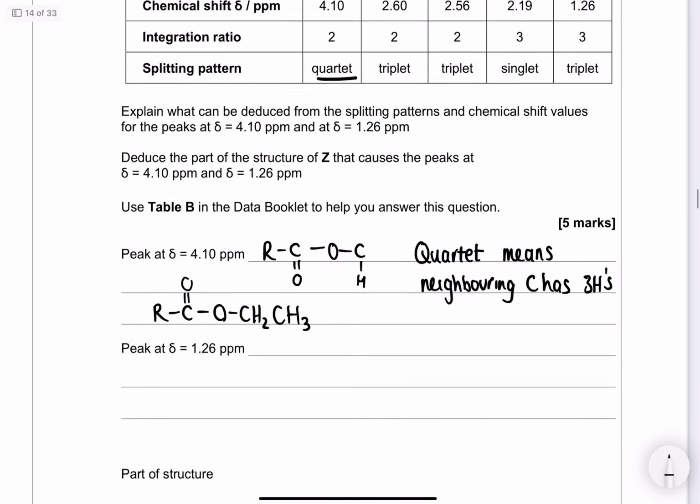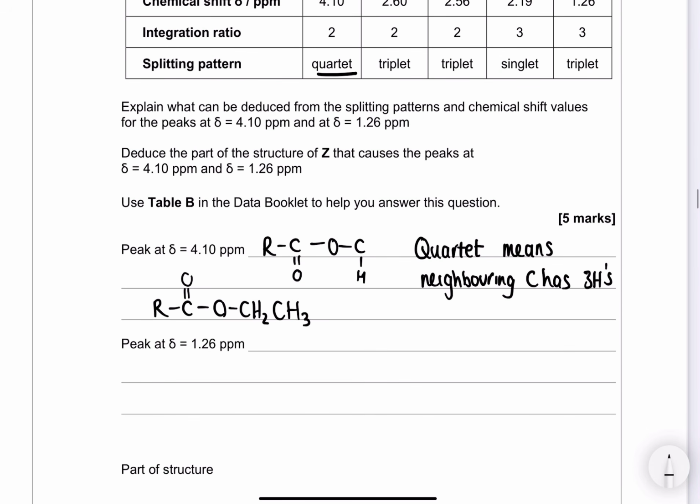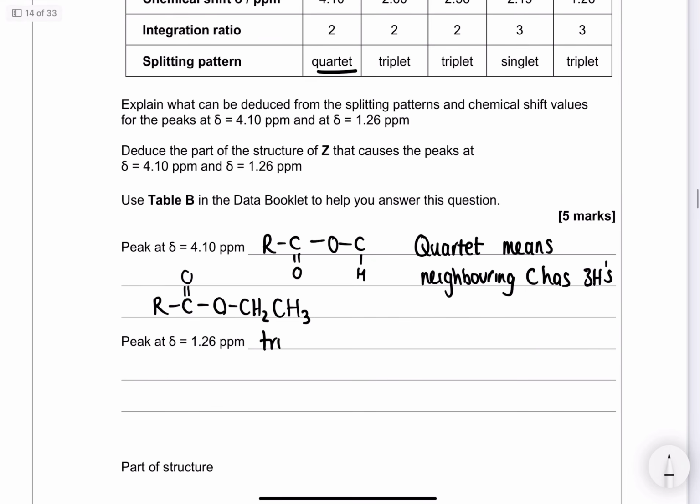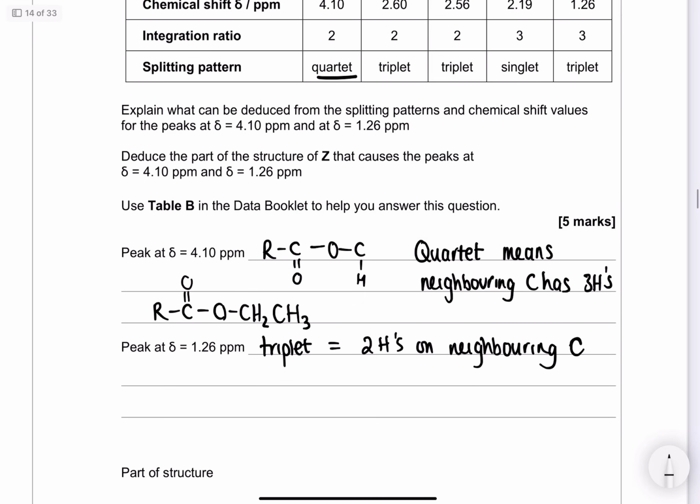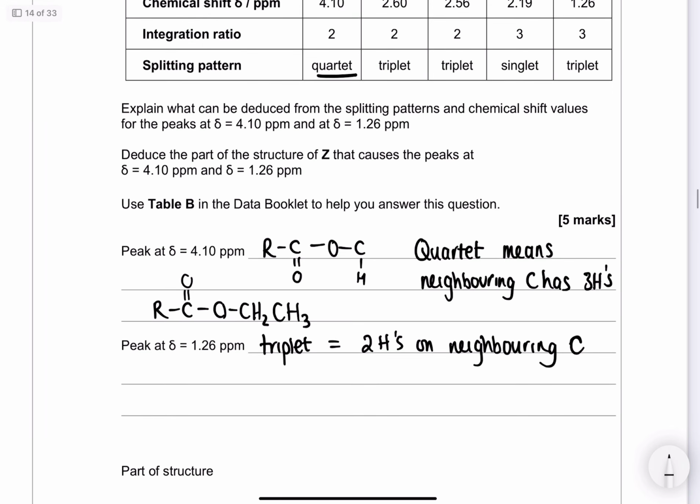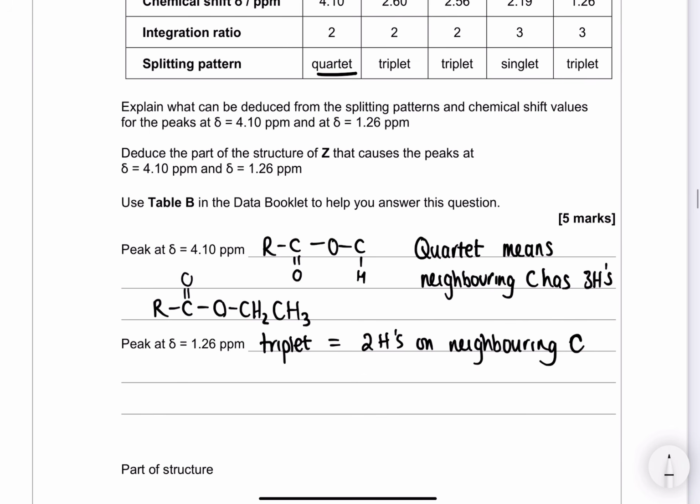The peak at 1.26 is a triplet. Triplet equals 2 H's on neighbouring C, because we're using the n+1 rule but going backwards. And 1.26 is just the type, if we look on the data sheet, the type of RCH3.